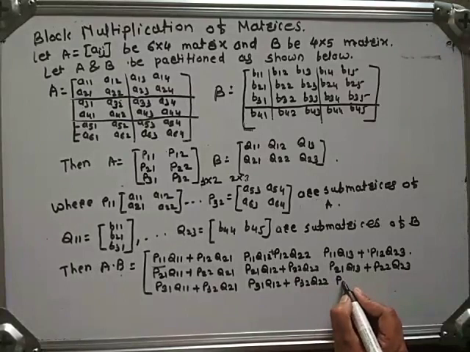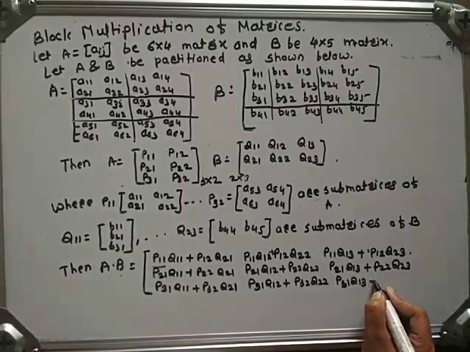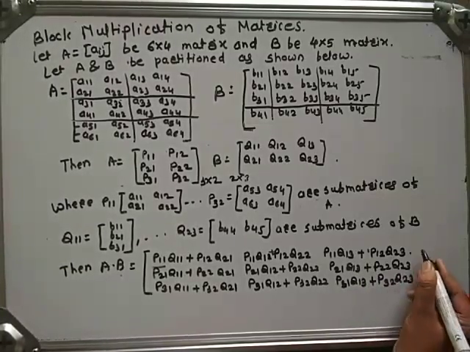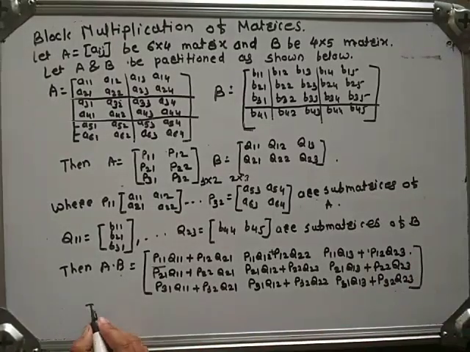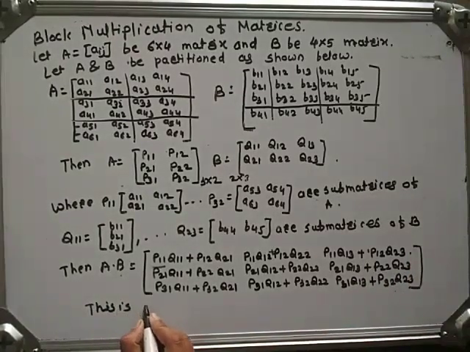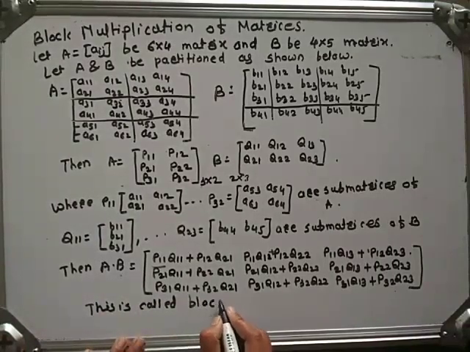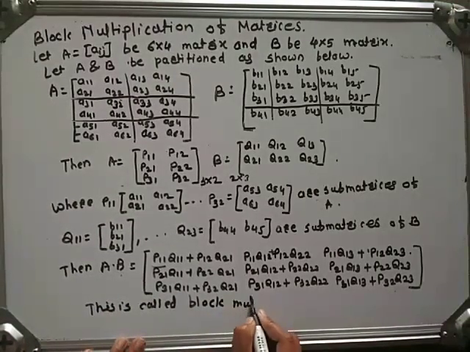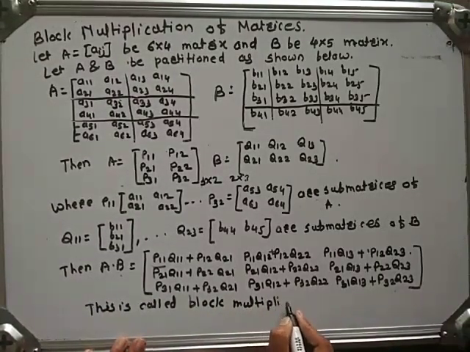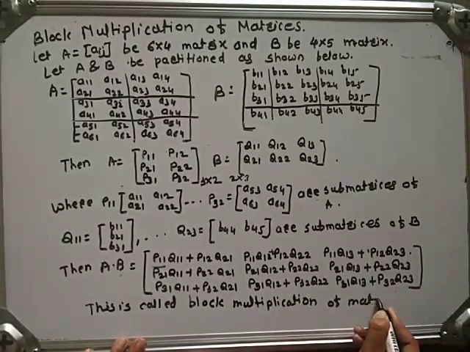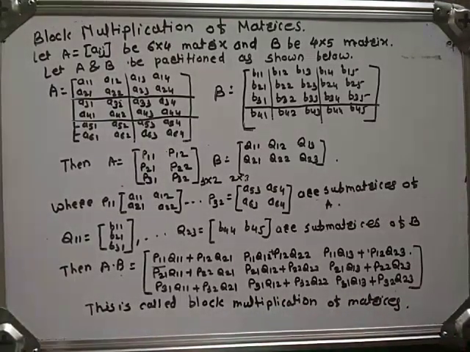Here P31 into Q13 plus P32 into Q23. This is called the block multiplication of matrices. Thank you.